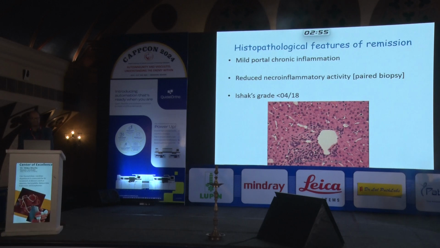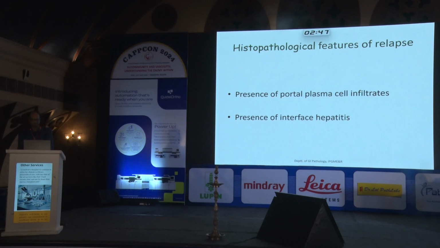And if the grade in the repeat biopsy is less than 4 with mild portal inflammation, we can take the patient as being in histological remission. Again, for relapse, presence of interface hepatitis and presence of plasma cells indicate that the patient is going to relapse in autoimmune hepatitis.